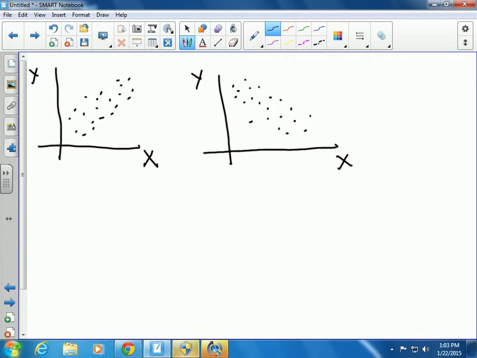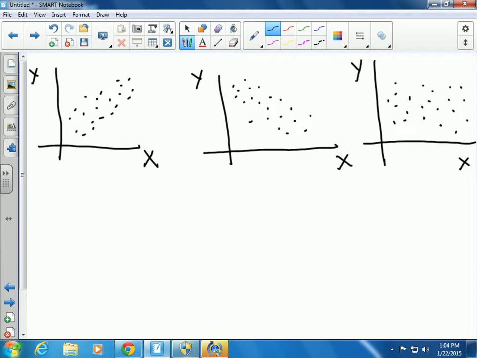I'll do one more here. These are the scatter plots of three different situations.